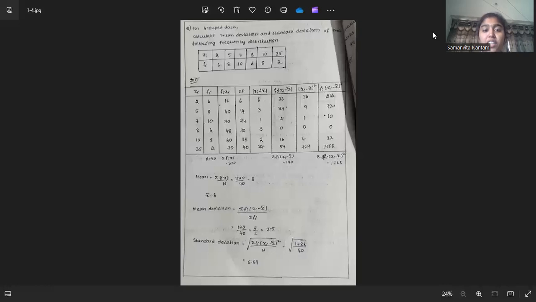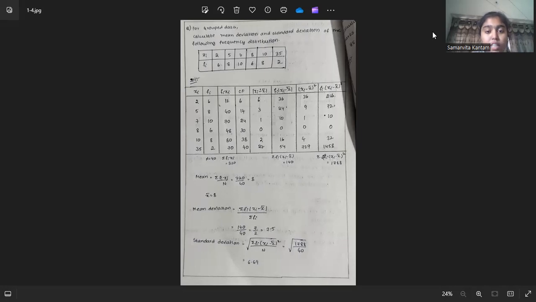Even for grouped data, we calculate mean deviation and standard deviation. We have the frequency distribution table with values xi and fi. Now we construct a table with these xi and fi values. We calculate fi xi and the cumulative frequency by adding the frequency to the previous frequencies, and xi minus x bar, which we calculate using the mean.